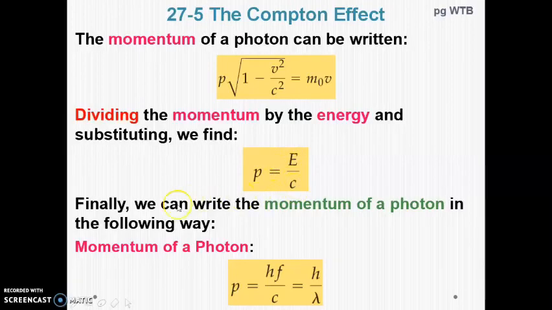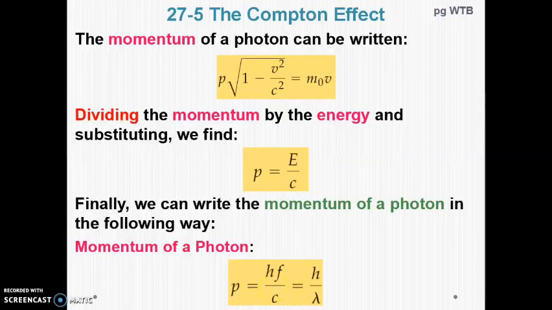So finally we can write the momentum of a photon in the following way. The momentum of the photon p is equal to hf divided by c, or is equal to h divided by lambda. Basically from this formula, p is equal to E divided by c, and E is equal to hf, so hf divided by c.